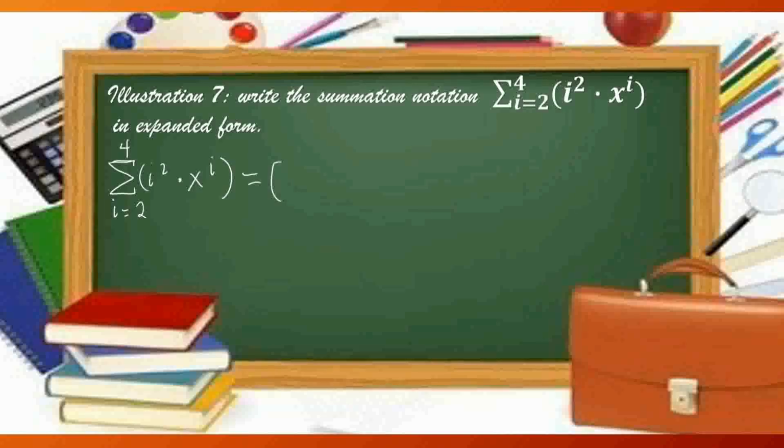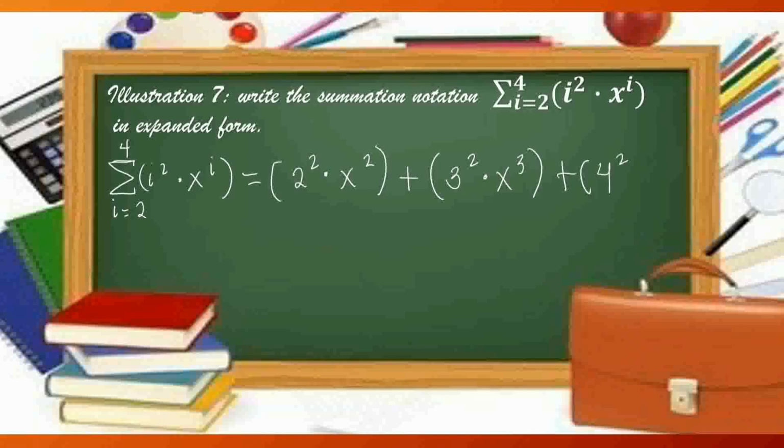First, i is equal to 2: 2 squared times x raised to 2, plus, second is i equal to 3: 3 squared times x raised to 3, plus the last, which is 4 squared times x raised to 4.